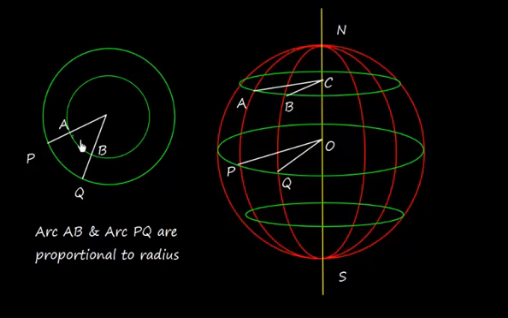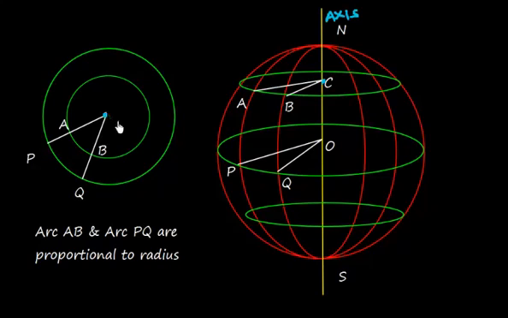Now, if we see carefully, this small circle is nothing but this parallel of latitude. Similarly, this big circle is nothing but the equator, and the axis is passing through both these centers.